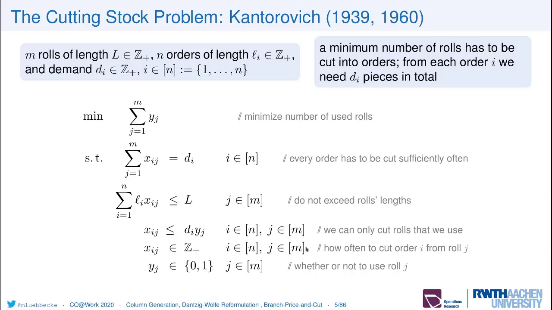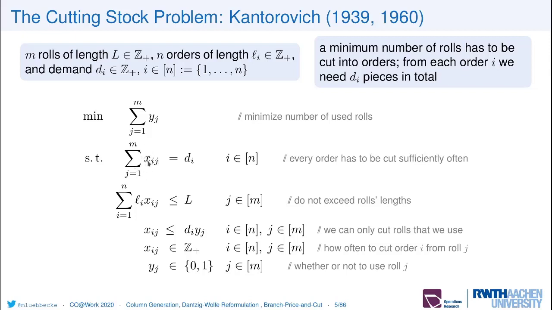This is the classical textbook formulation, already presented by Kantorovich 80 years ago. He has an integer variable x_ij, and it means how often order i is cut from row j. I have to ensure that we sufficiently often cut each order, so for each order I'm summing over all the rows how often order i is cut from the respective row.